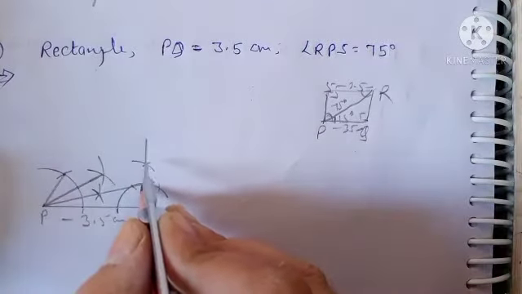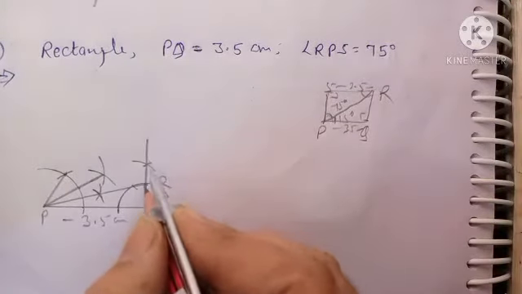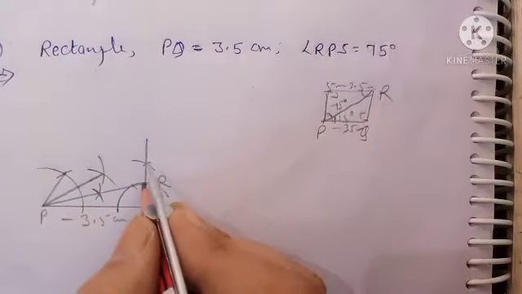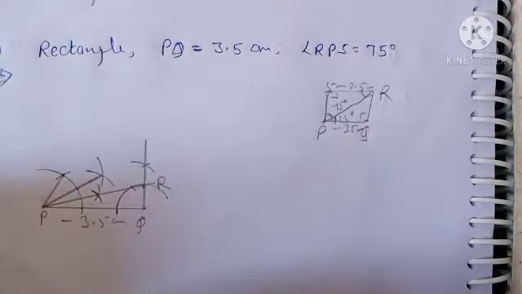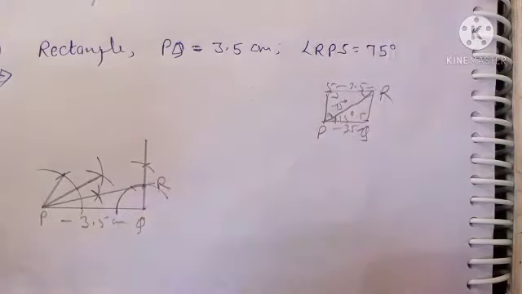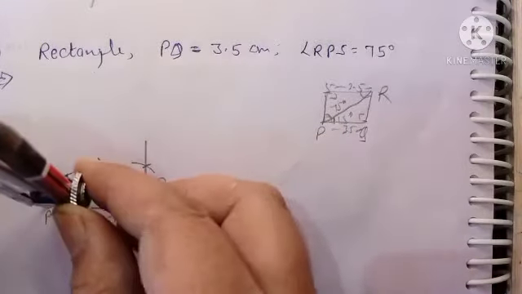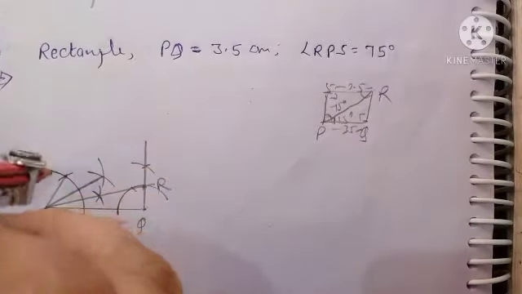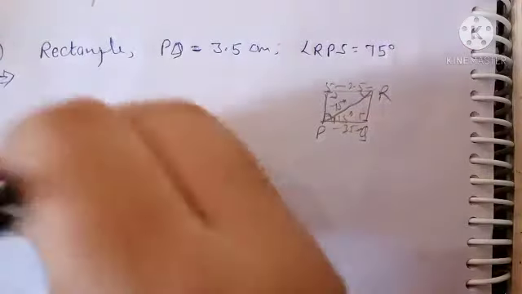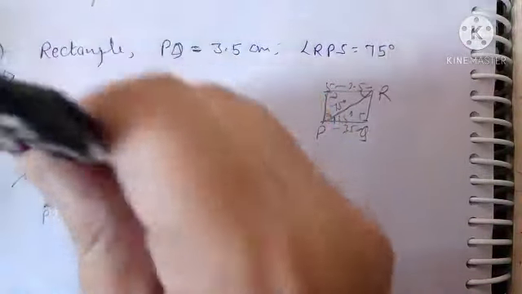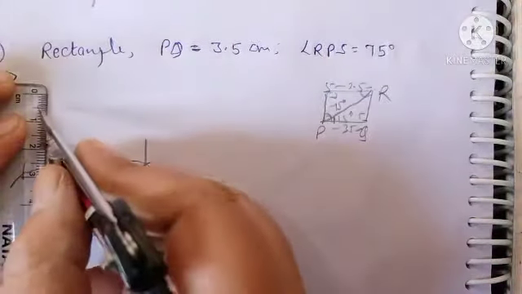So here you can see this line and this line are intersecting at R. This point is R. Now we have to make a 90 degree angle at P. Now join P to this point.